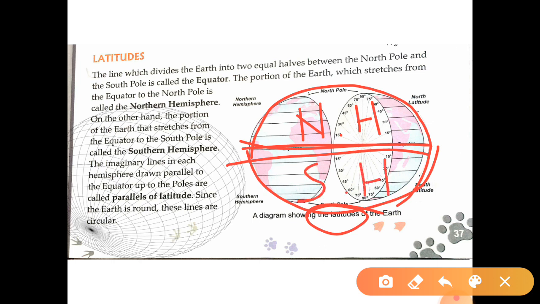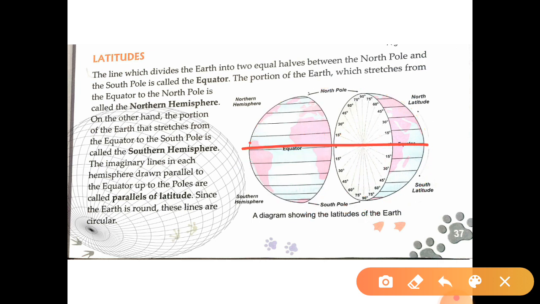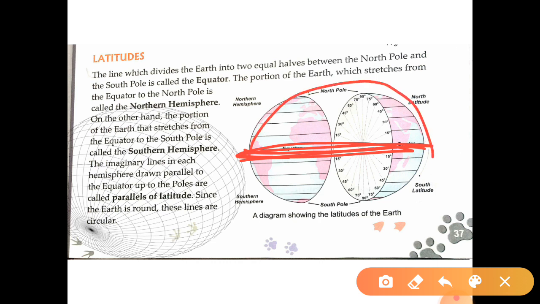So remember the equator line, which is located in between and divides the Earth into two equal parts. The area between the equator and the North Pole is the northern hemisphere, and between the equator and the South Pole is the southern hemisphere.